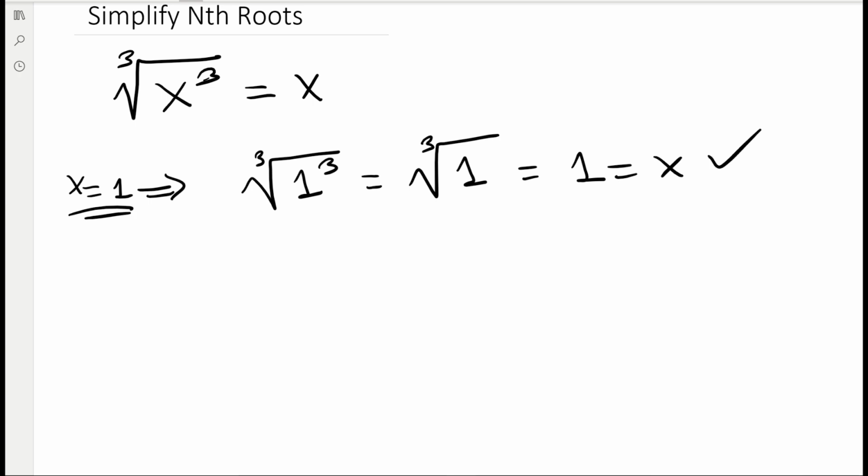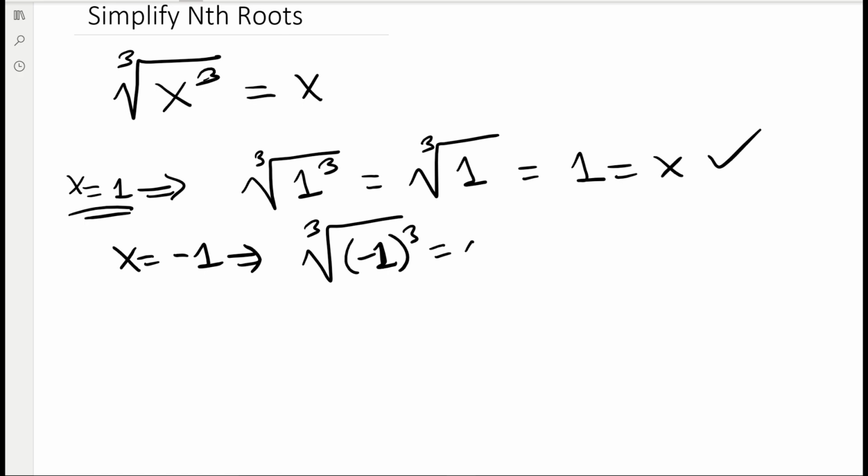What about if x were -1? Let's plug that in. We've got the cube root of -1 to the third power. What's -1 to the third power? We've got -1 times -1 times -1. That's going to give us -1. So we have here the cube root of -1.